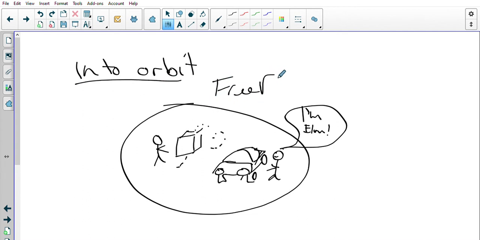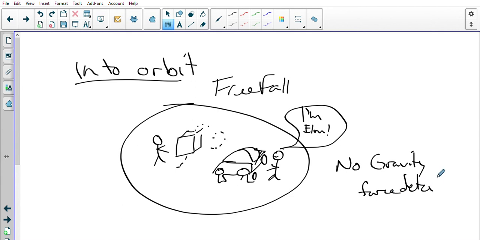And because there is, in essence, no gravity. I don't want to say no gravity. This isn't even correct to say no gravity force detected, but we're in free fall, so everything is falling at the same rate inside our space station.